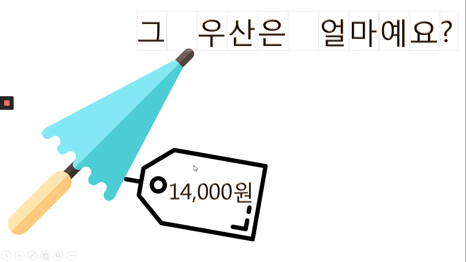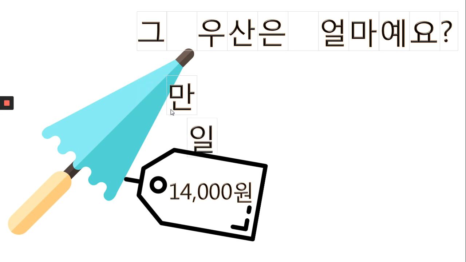14,000 won. So as I said, always the four-digit is the unit, right? So 1, 10, 100, 1000, 만. So this is 1만. Again, 1, 10, 100, 1000, 만. This is 만. So 1만. And as I said, no 일, do you remember?